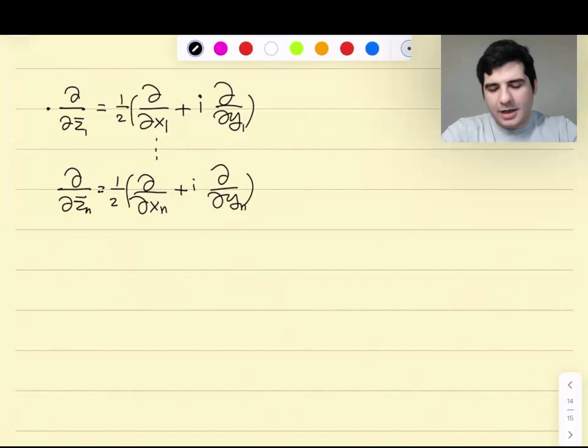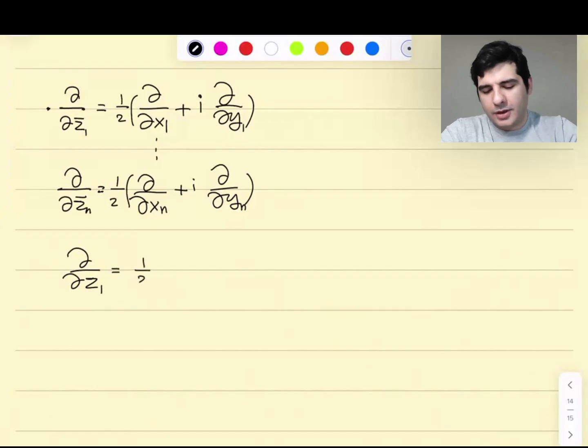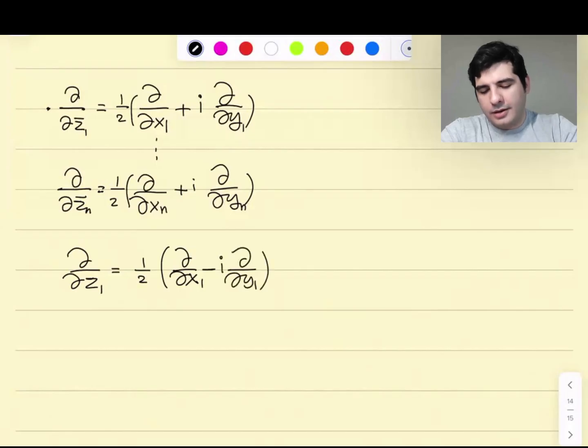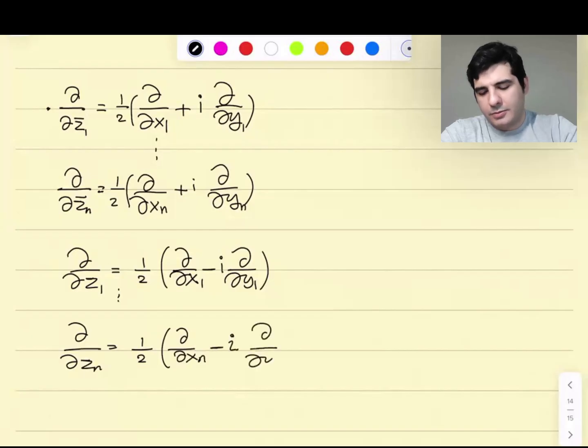And then we also have partial zj, which we define to be 1/2 (partial x1 minus i partial y1), etc., up to partial zn, which is 1/2 (partial xn minus i partial yn).